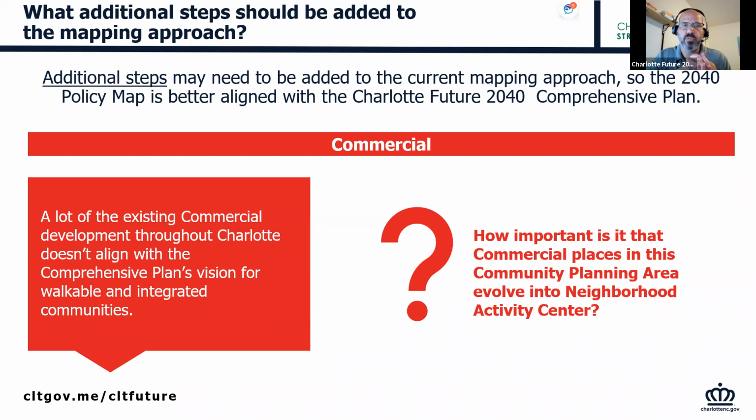I don't know if you were familiar with that process, but it would be more hands-on for this specific geography, and for all the geographies. We're in this process now, but the idea is that it would happen after the policy map is adopted, sometime next year or 23, because the UDO is also in the works of being adopted, and that's slated for, I believe, July of next year.